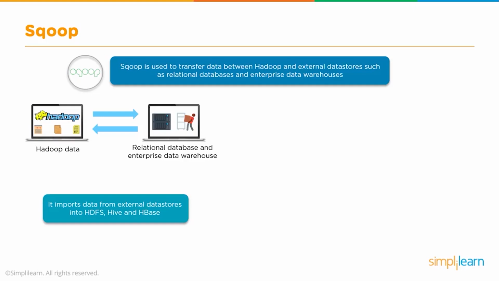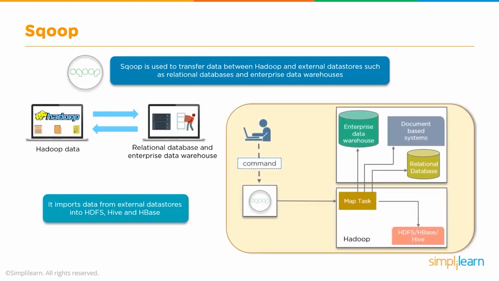It imports data from external data stores into the HDFS, Hive, and HBase. Those are our two specific. The Hive setup is your SQL basically. And you can see a nice little image here. Here's somebody on their laptop, which would be considered the client machine, putting together their code. They push the Sqoop. The Sqoop goes into the task manager.